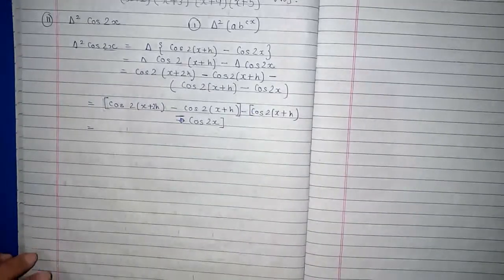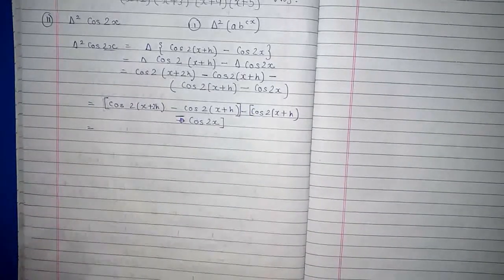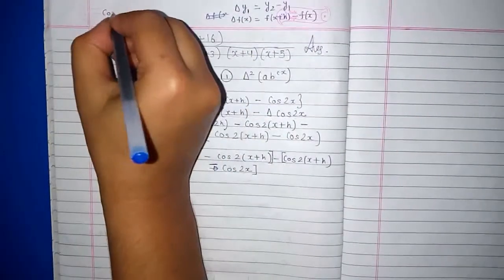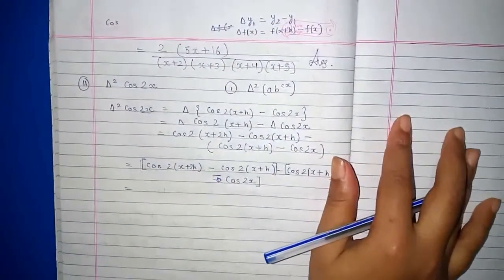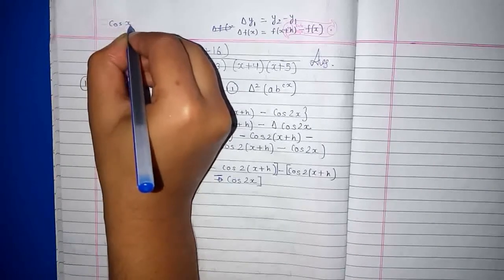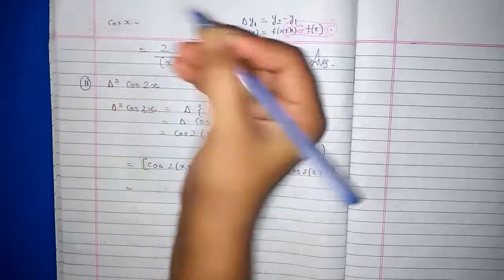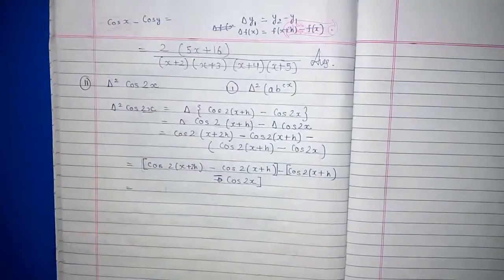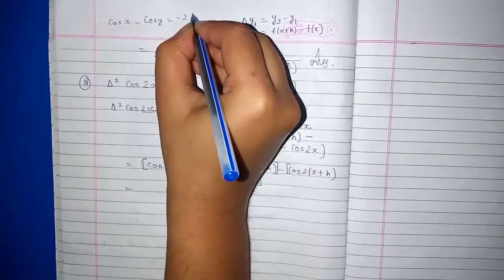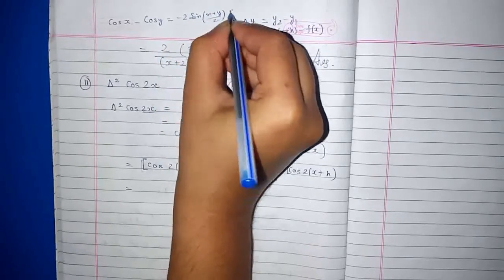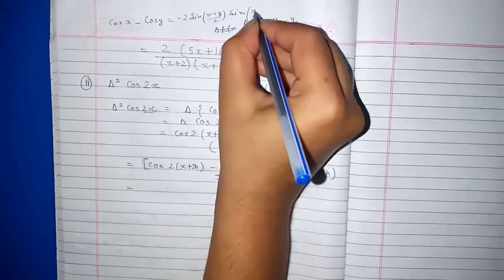Now we will use the formula which we studied in class 11th in trigonometry: cos x minus cos y is equal to minus 2 sine((x plus y) by 2) sine((x minus y) by 2).